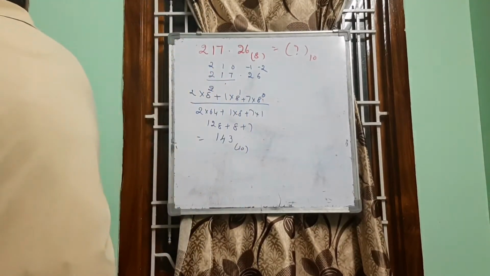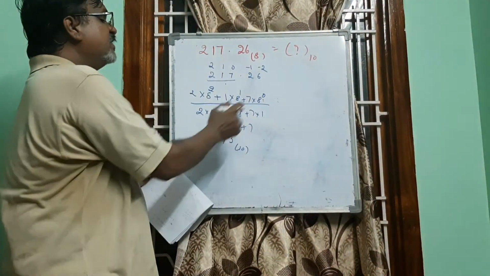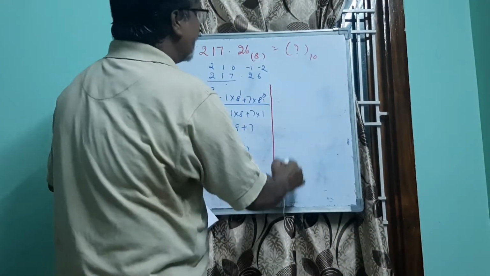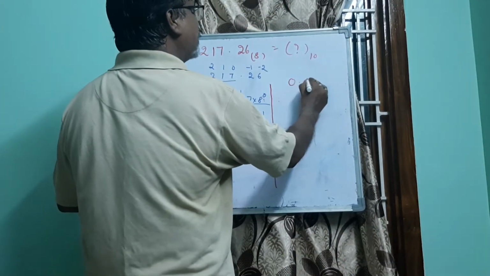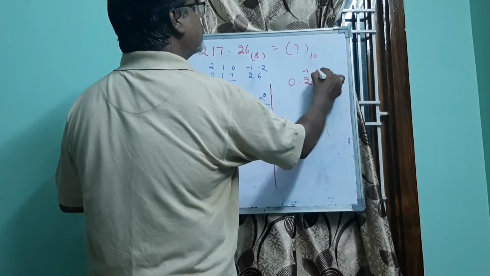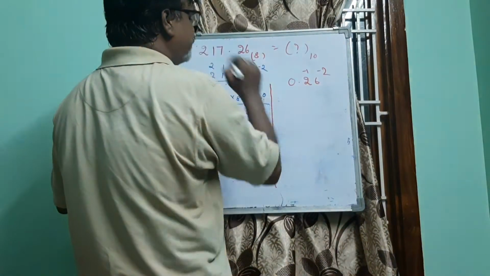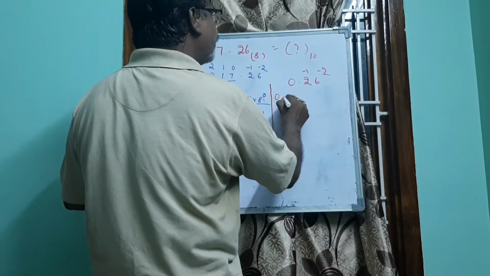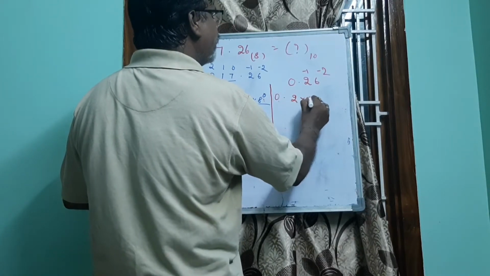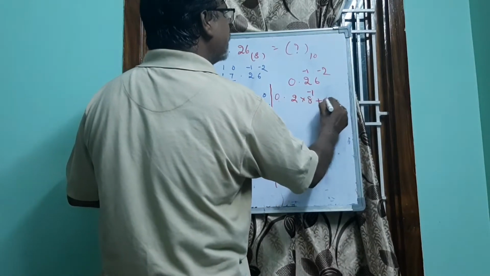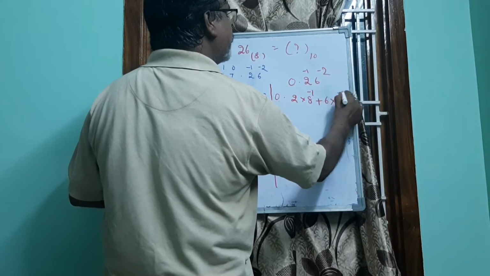So now we completed only the integer part. Now come to the second side, that is 0.26, with powers -1, -2. So 2 into 8 power -1 plus 6 into 8 power -2.